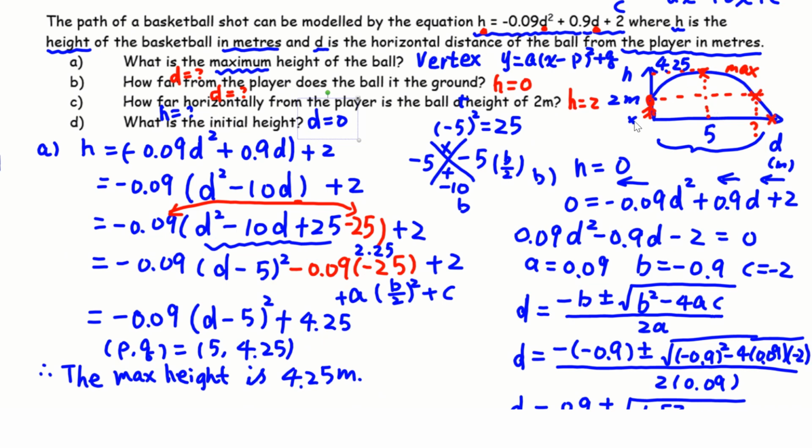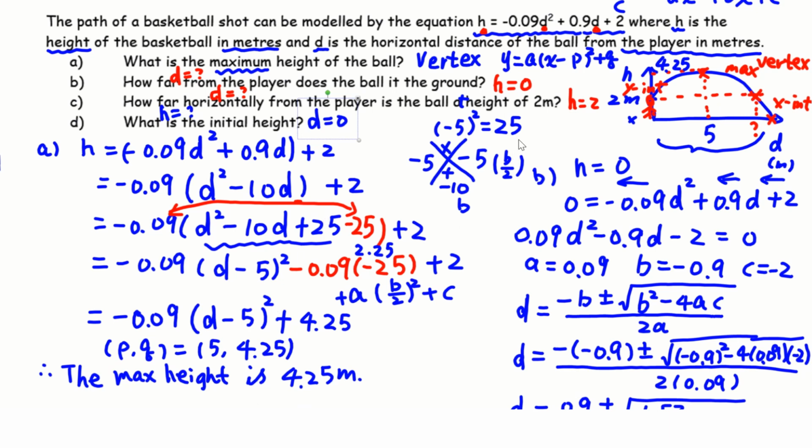Then after that, you have 3 key points: the x-intercept, y-intercept, and vertex. So question A asks you for the vertex, so we know that you want to convert to vertex form. For vertex form, if from standard form, you could use completing the square.